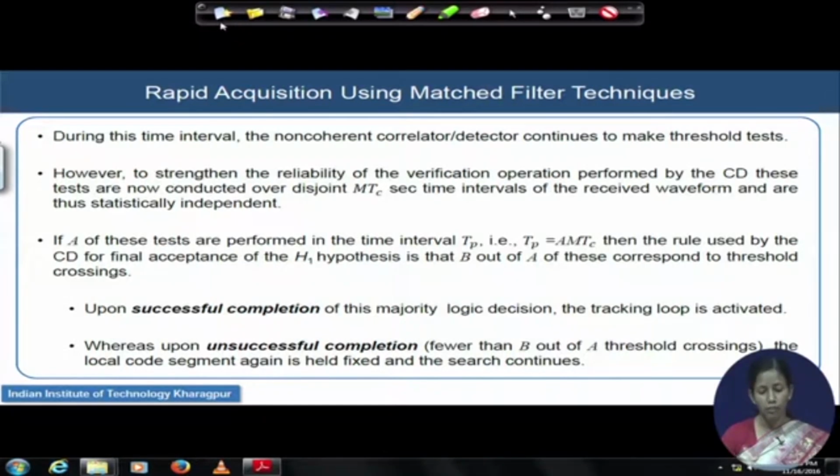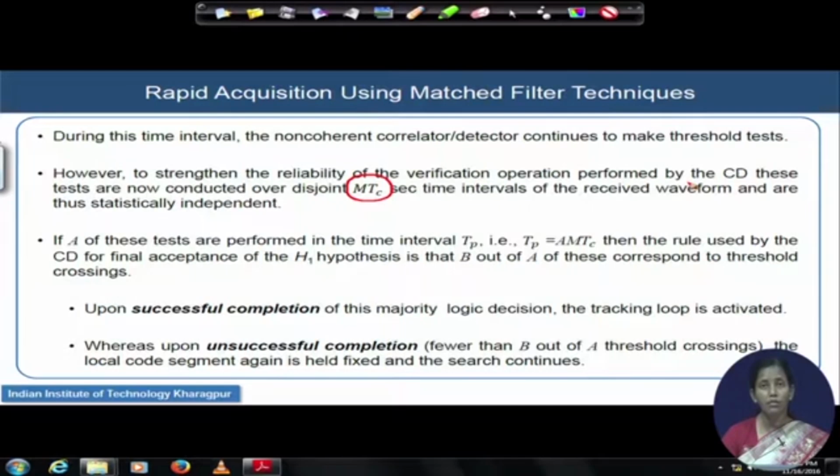If multiple threshold tests are going on, then we may have m times TC seconds of time intervals over which these multiple tests run. Remember, for all these m times TC intervals, the tests are statistically independent if we are running them over multiple disjoint time intervals.